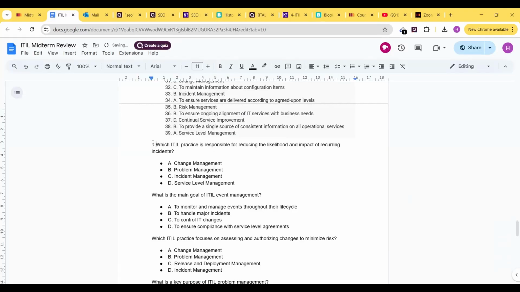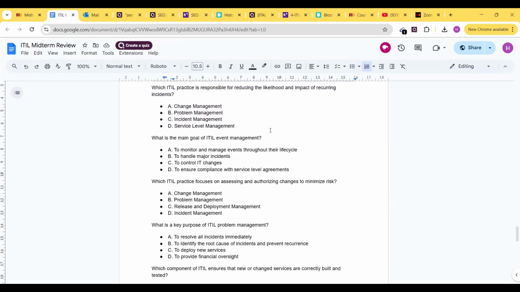So which practice is responsible for reducing the likelihood and impact of recurring incidents? Yeah, service level management, that's correct. So D, yes.